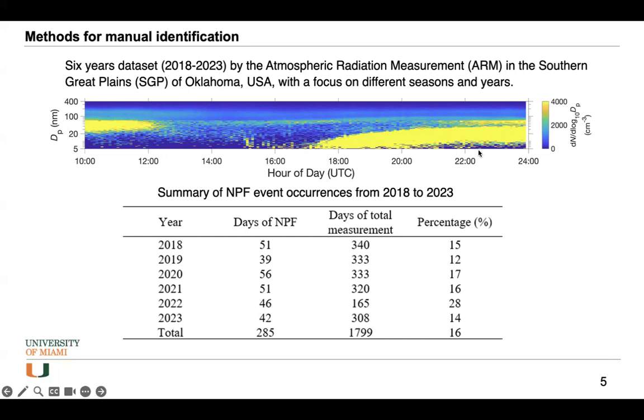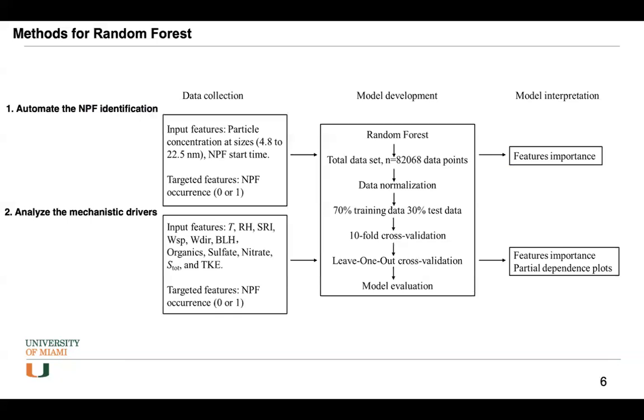This is the banana shape, obtained by combining the SMPS and nano SMPS results. This table summarizes new particle formation event occurrence throughout the 6 years, and we have an average of 16% of days per year with new particle formation.